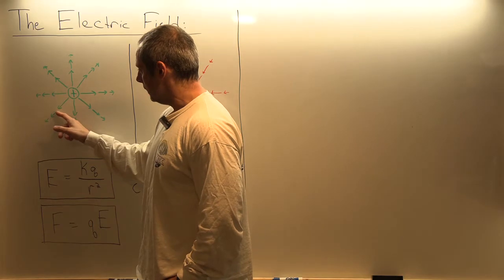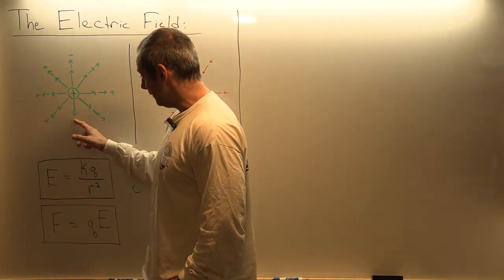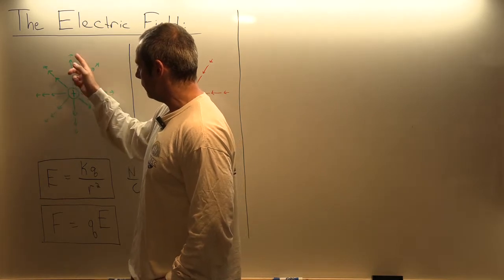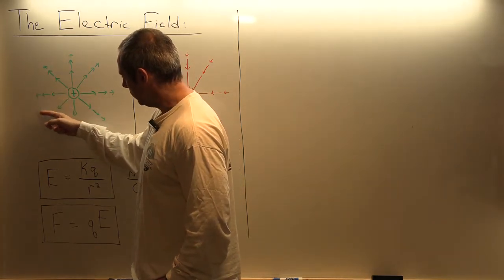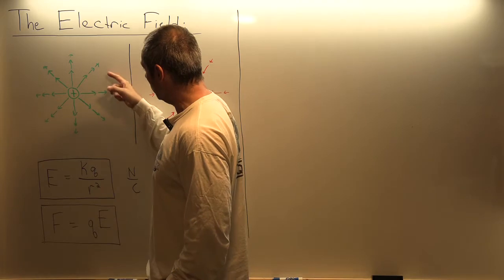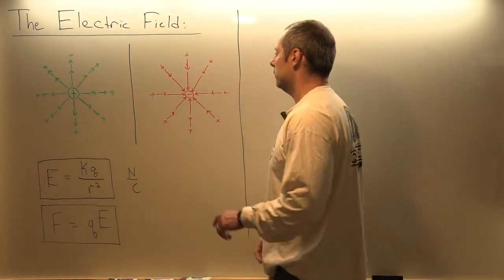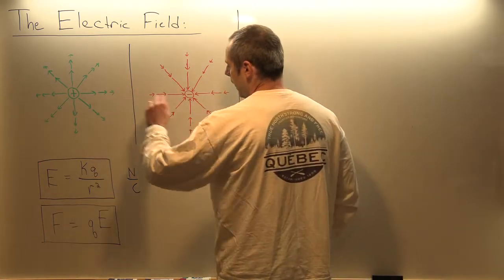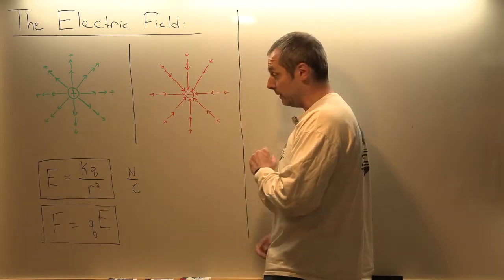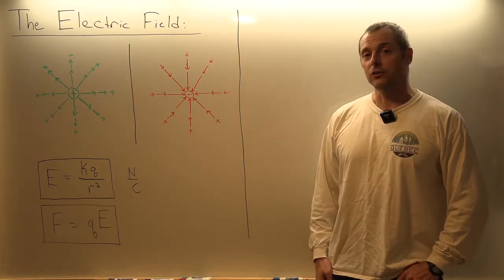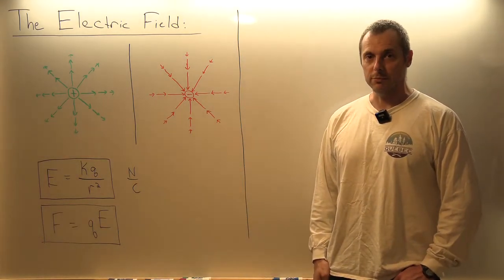Further out, the arrows are shorter, but at this radius they're all equal in length. And then further out, the arrows are all shorter but equal at this particular radius, all pointing outward. For a negative charge, it's the same diagram, but the arrows are flipped, pointing inward. So, jot these down and I'll talk more about electric field in a minute.